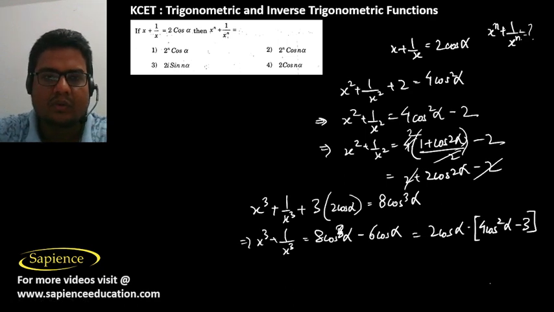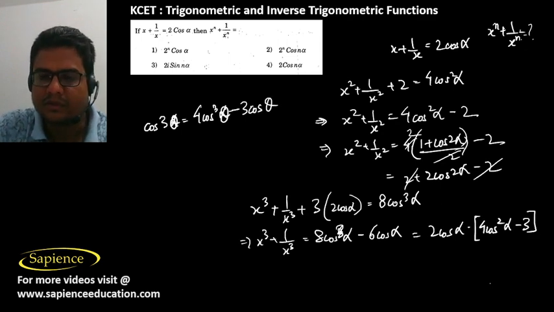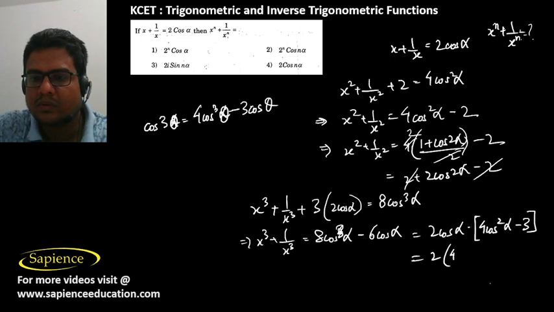We know that the formula of cos 3 theta is 4 cos cube theta minus 3 cos theta. So this we can write as 2 into (4 cos cube alpha minus 3 cos alpha). Now this is equal to cos 3 alpha, so this is 2 cos 3 alpha.